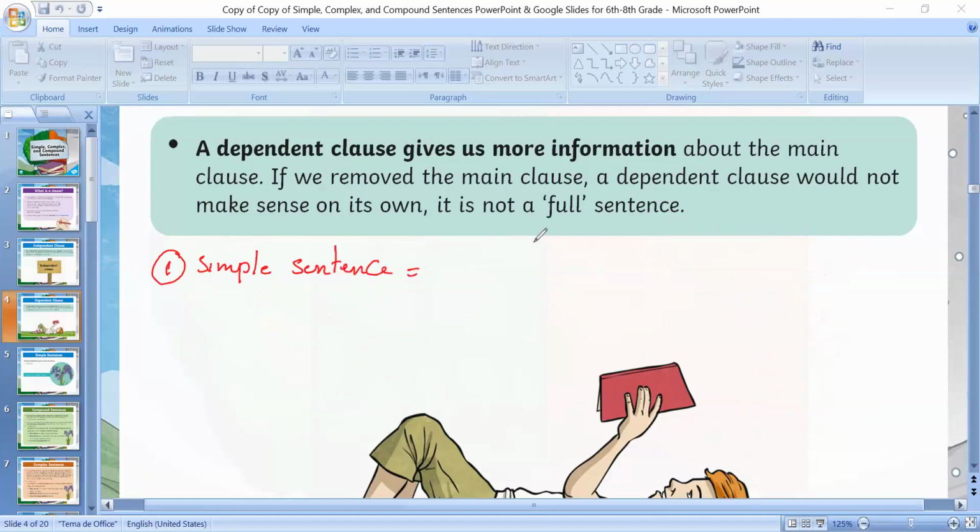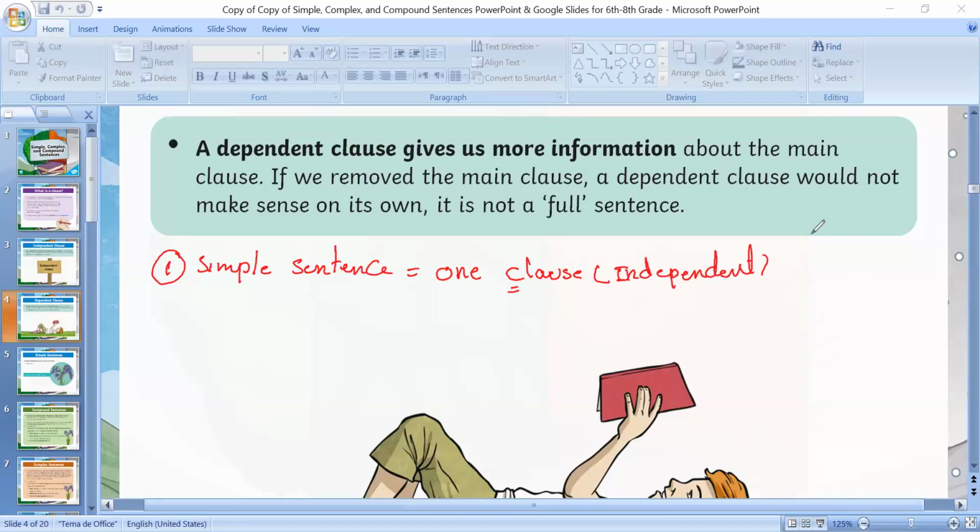What do we mean by a simple sentence? Easily, it means one clause. One clause. This clause must be independent to give the full meaning. Okay? Independent clause. All right.